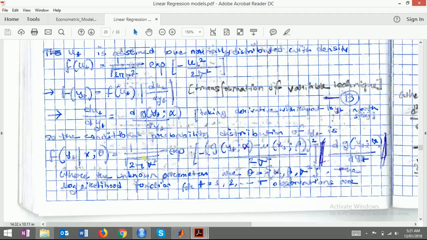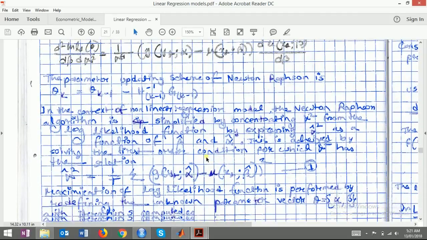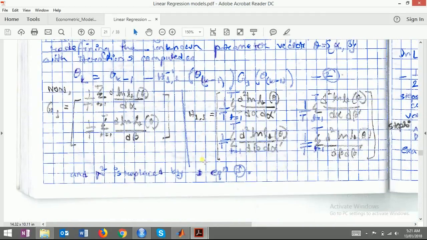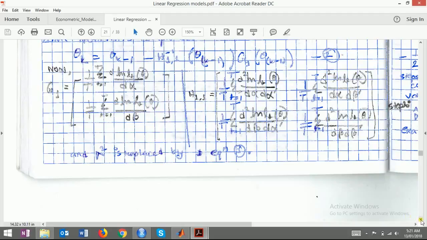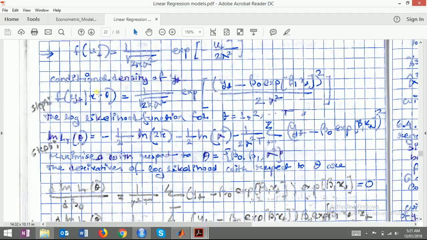The minus here, minus this minus plus gives us the positive function.